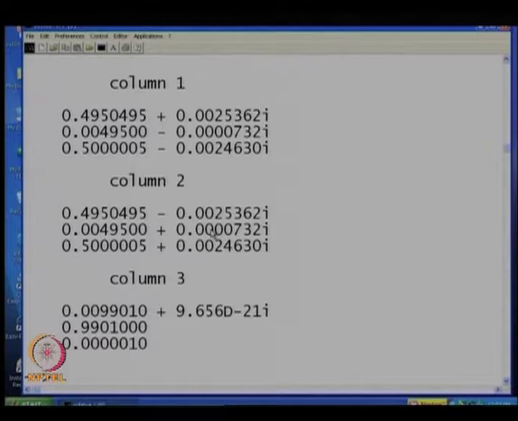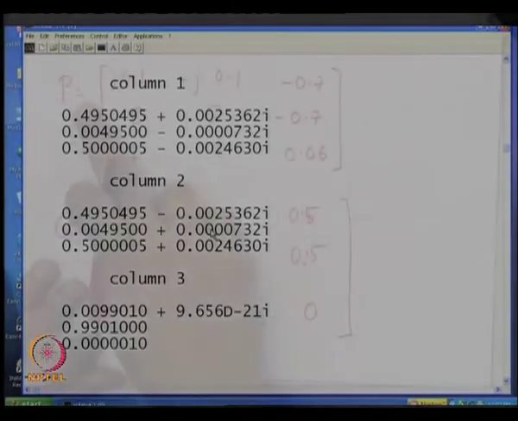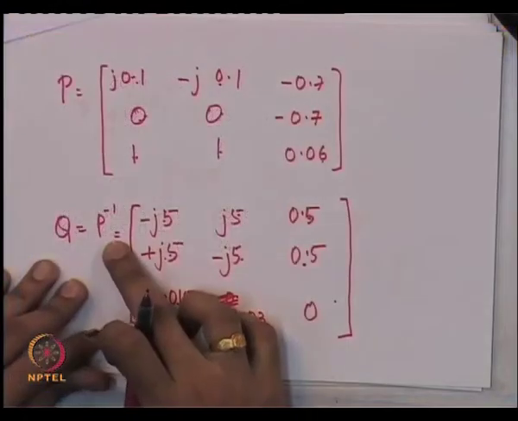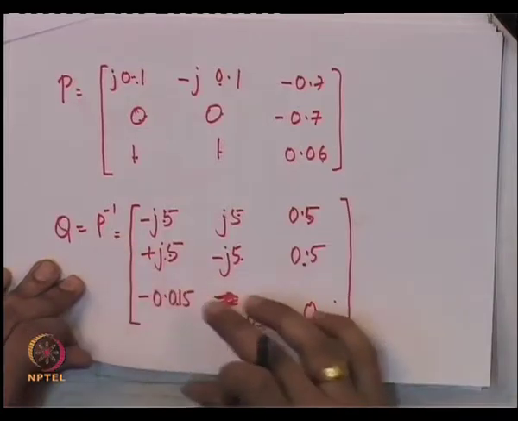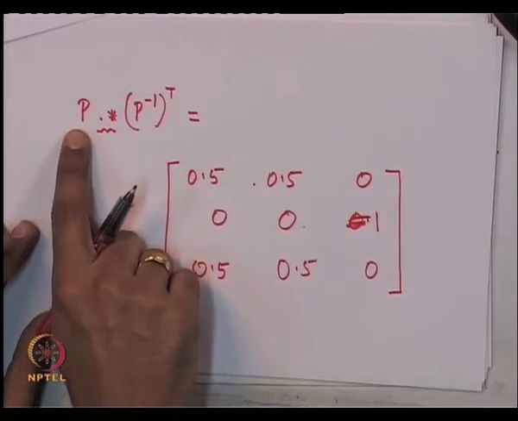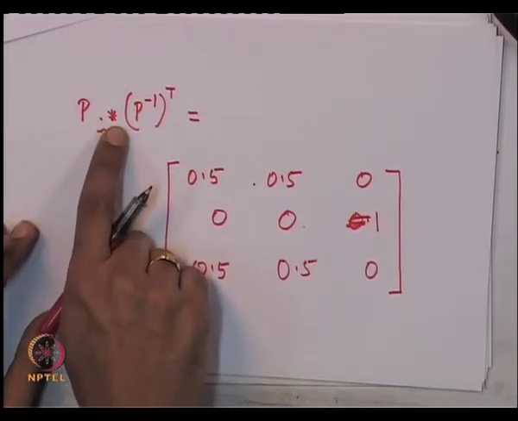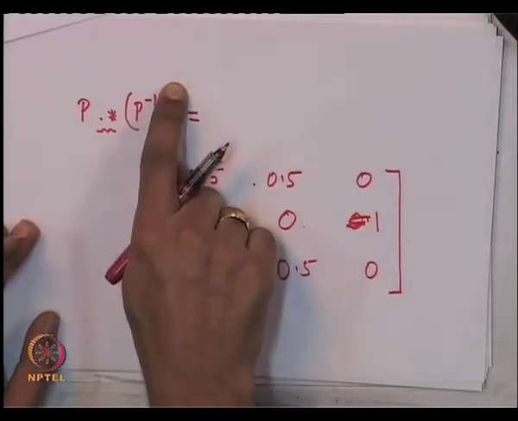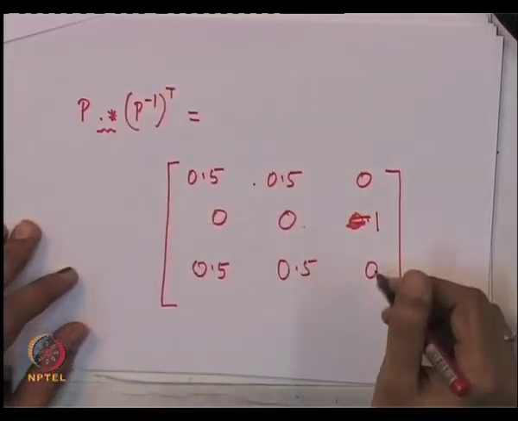So, this is almost 1, and you have got 0.5, 0.5 and 0. So, if I compute P, I compute P inverse, and I do the computation P dot star, that is the element by element multiplication of P and P inverse transpose, this is what I get.